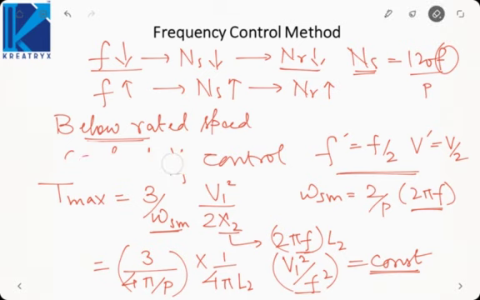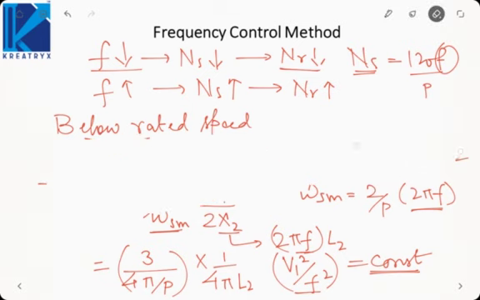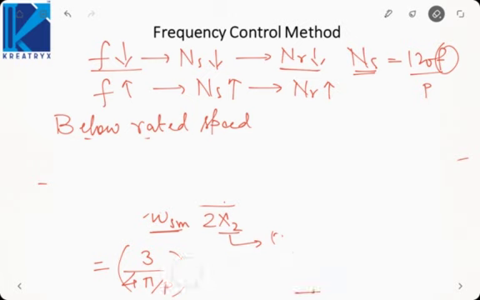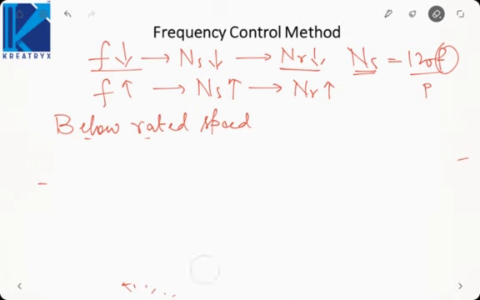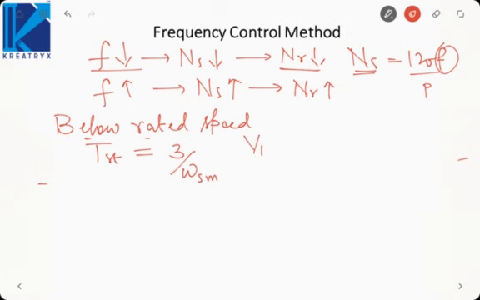What happens to my starting torque? Of the two torques we saw, the most important is the starting torque. The starting torque we derived to be 3 by omega Sm into V1 square R2 by S X2 square. Here there will be one frequency term in omega Sm, and frequency square from X2 square.